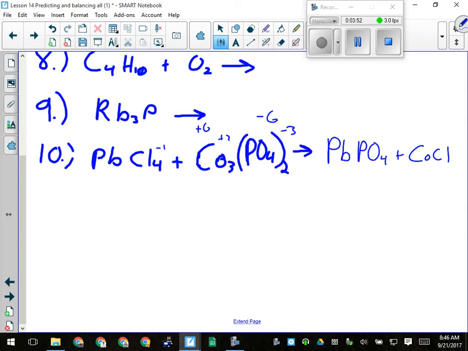That's why I went back to figure out what the charge on lead and cobalt was going to be, because I knew I was going to have to drop and swap my products over here. So lead's the 4+, phosphate's 3-, so we're just going to drop and swap. We're going to have 4 and 3 as our numbers there. And then we're going to have cobalt, it's the +2, chlorine's the -1, so we're going to have CoCl2.